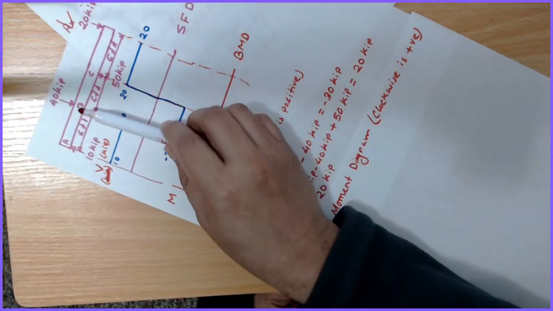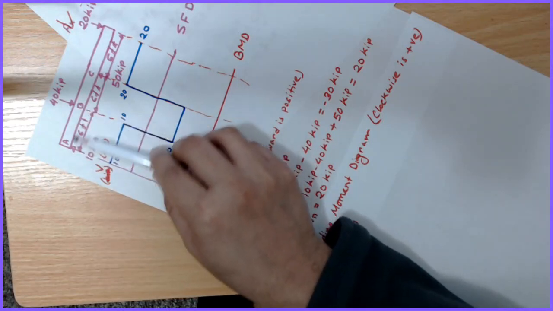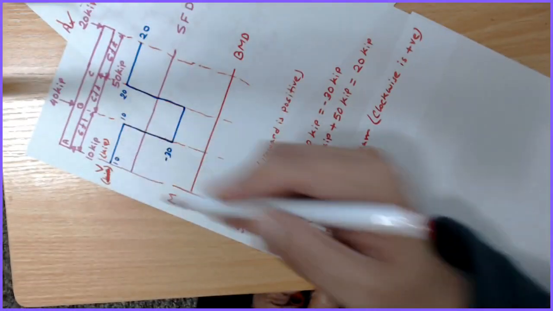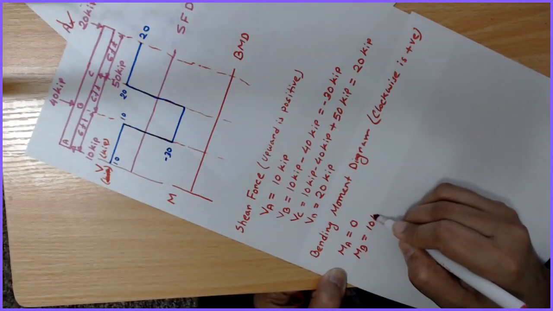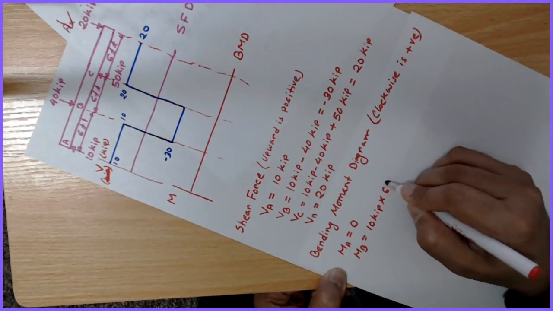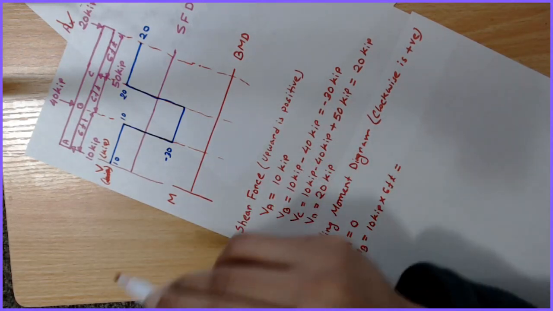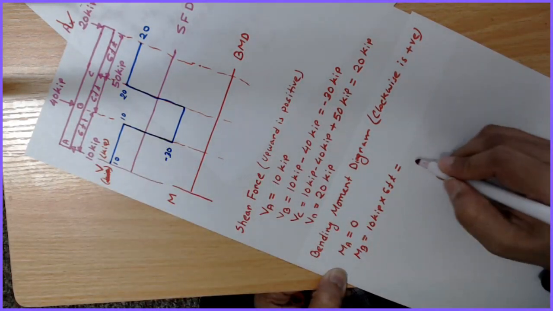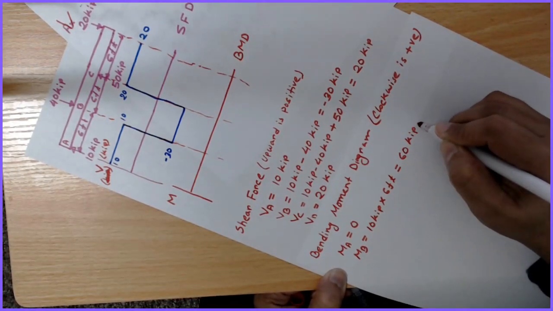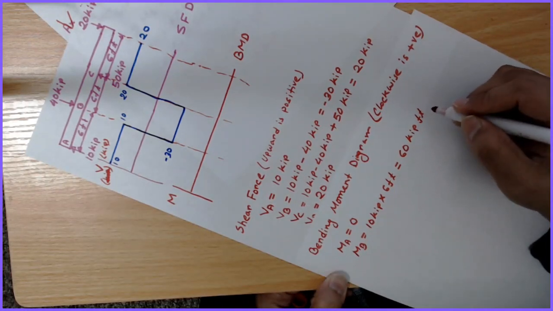So when I take the MB, I will take the load on the left hand side. So the load on the left hand side is 10 kips multiplied by 6 feet is equal to, and it is clockwise, so 60 kip-feet.